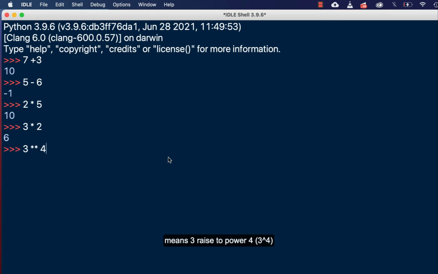What this means is 3 raised to the power 4, and this is going to multiply 3 4 times. So it's going to do 3 times 3 times 3 times 3, and we have the answer to be 81. We can also do 3 exponent 3 to get 27.